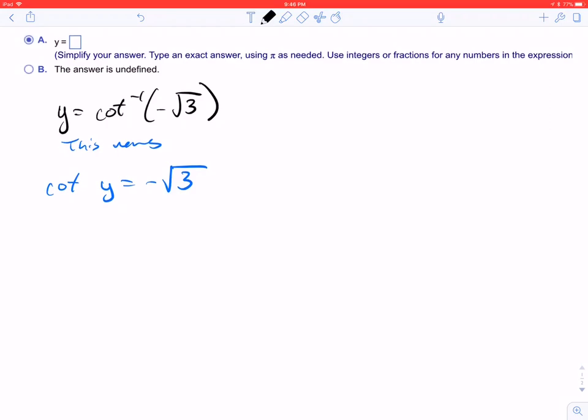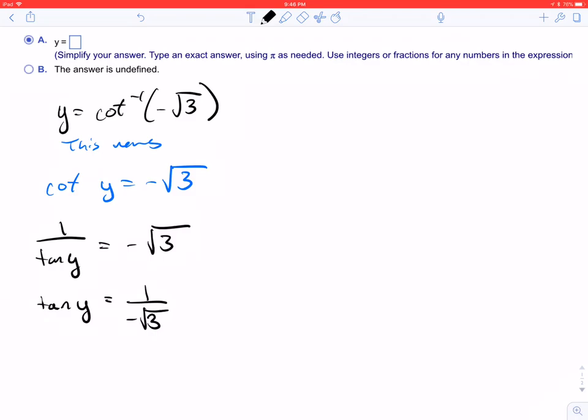So this is 1 over the tan of y equal to a negative square root of 3, right? Then you can cross multiply and divide, and ultimately you'll get that the tan of y equals 1 over negative square root of 3.